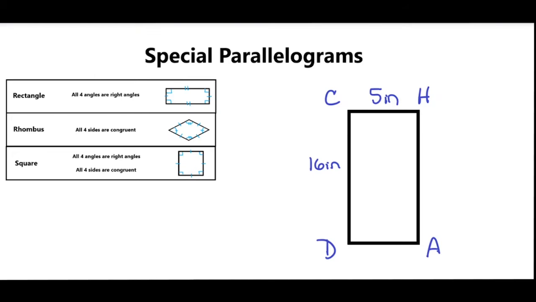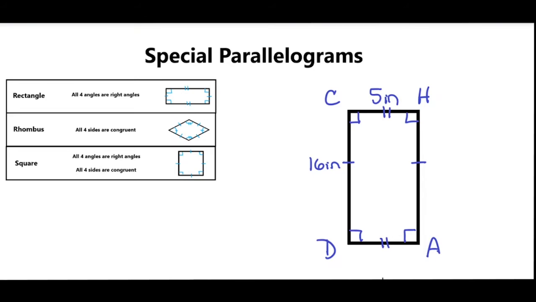So here I have parallelogram CHAD, and I'm going to tell you that it's a rectangle. And since it's a rectangle, that means that all of the angles are 90 degrees. And since it's a parallelogram, I know that CD is congruent to HA and CH is congruent to DA.